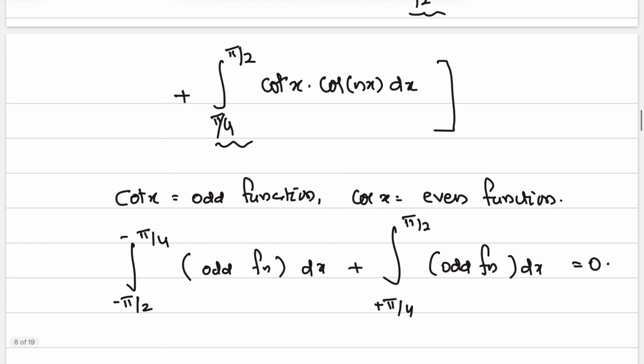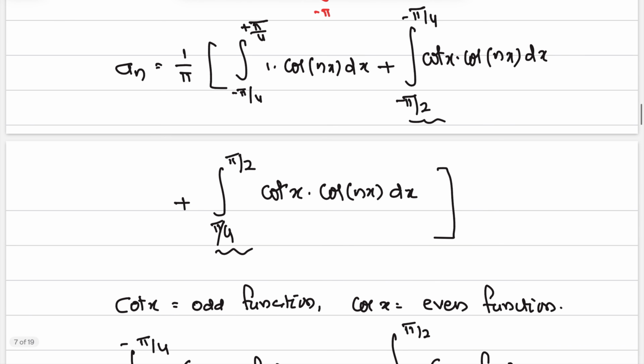Please remember this, which we applied in a naught. Here in an also it is applied. Hence, ultimately, what is left over in an? This is what is left over.